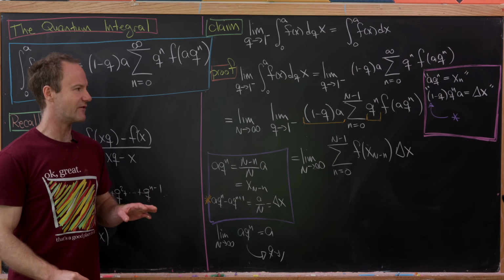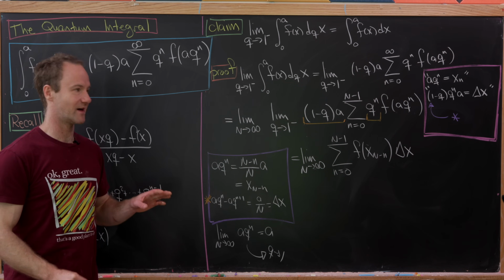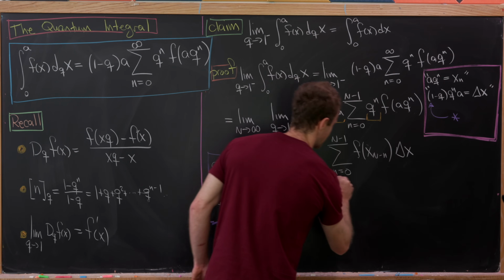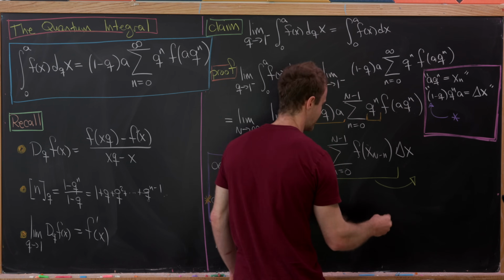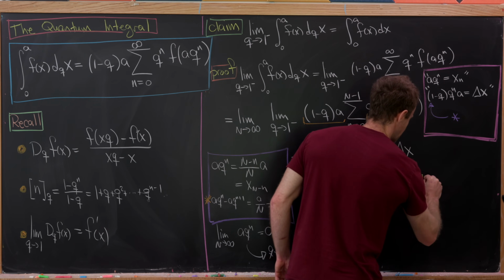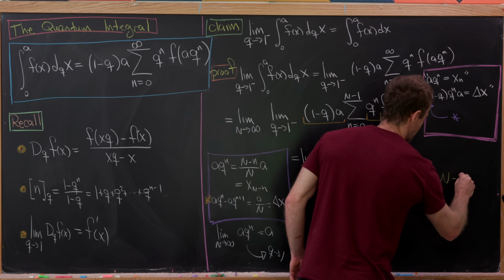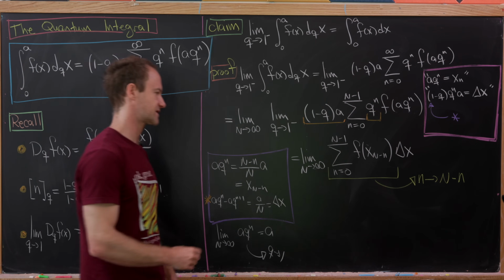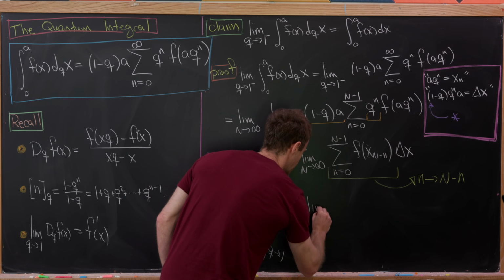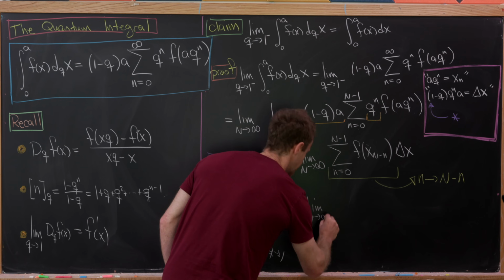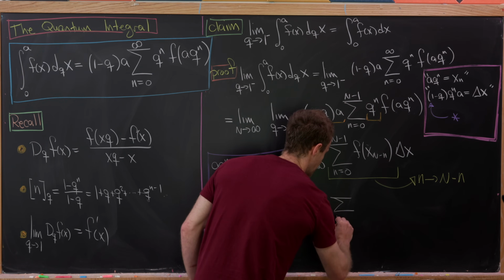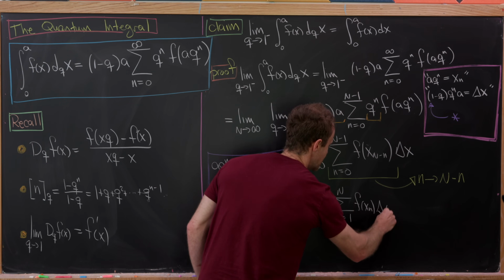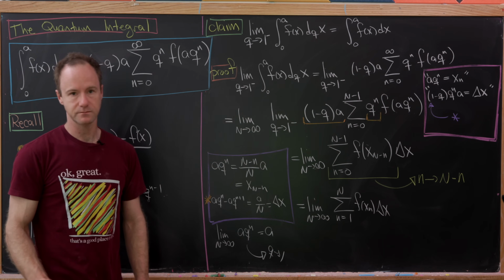And then just to drive it home, I'm going to do another change of index here to make it look exactly like the limit of a Riemann sum. In fact, here I'll take little n and replace it with N minus n. Like I said, that's just a change of index. So now I'll have the limit as capital N goes to infinity of the sum as little n goes from 1 to capital N of f of x sub n times delta x.